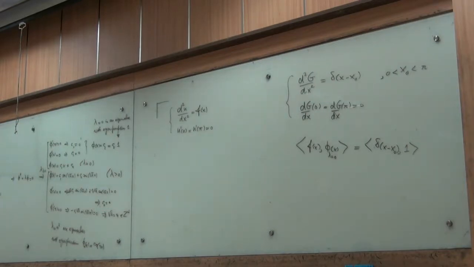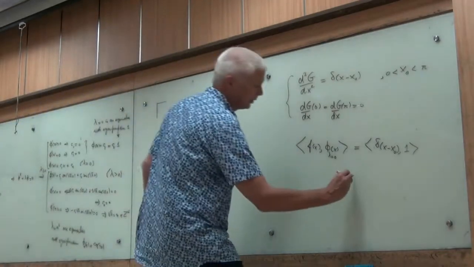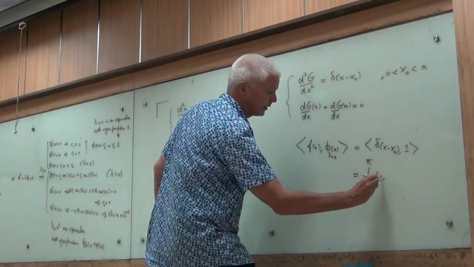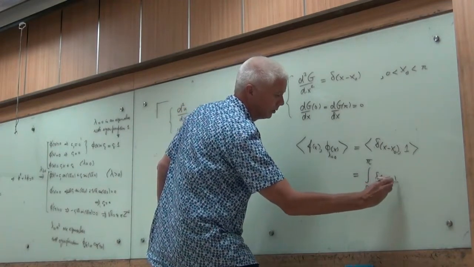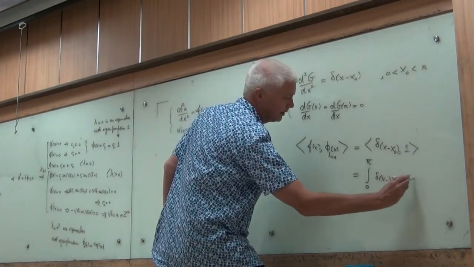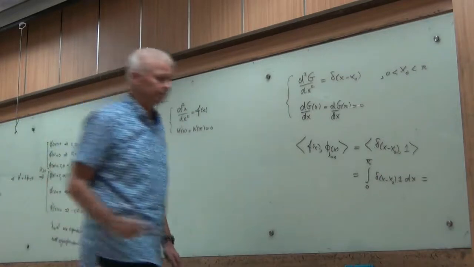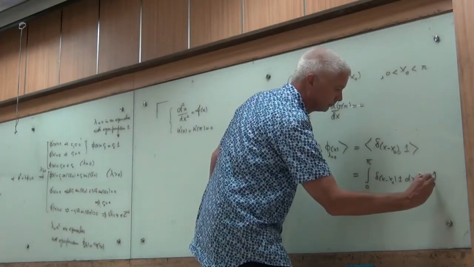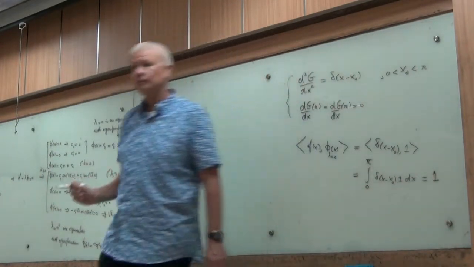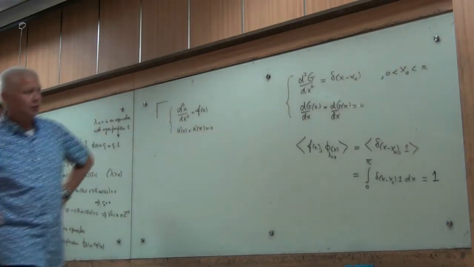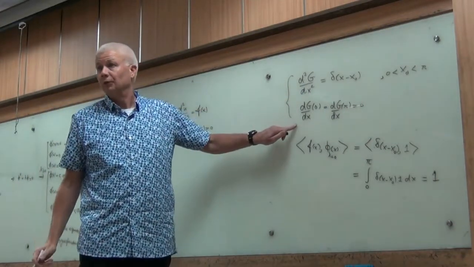So I have to compute the integral from 0 to pi of delta(x minus x0) times 1 dx. What is the outcome? 1. That's not 0. You agree? Not 0. So this problem has no solution.